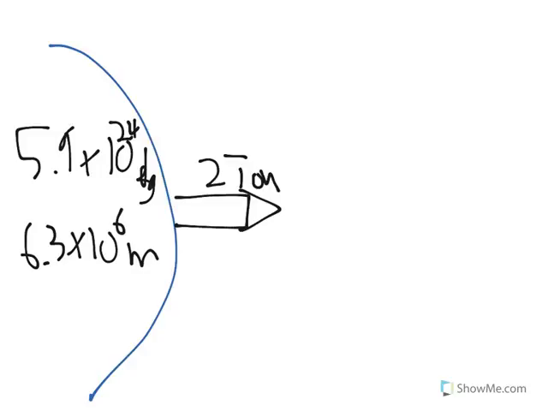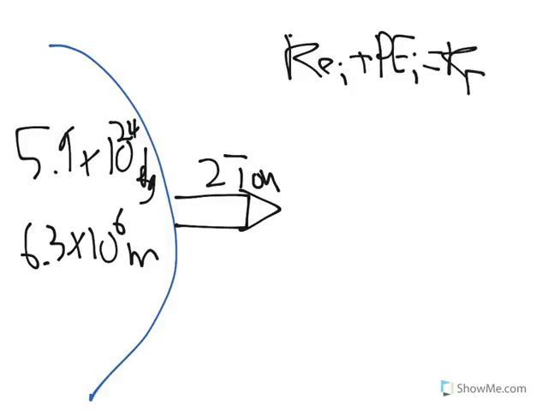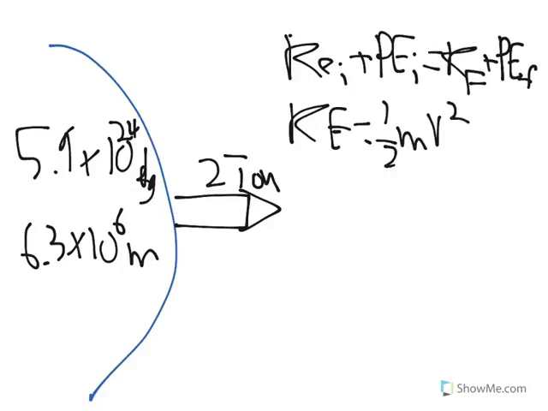Let's start by writing out all of our equations. We know that kinetic energy initial plus potential energy initial is kinetic energy final plus potential energy final. And we know kinetic energy is 1/2 mv squared.